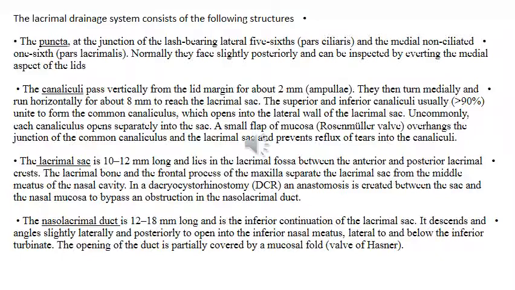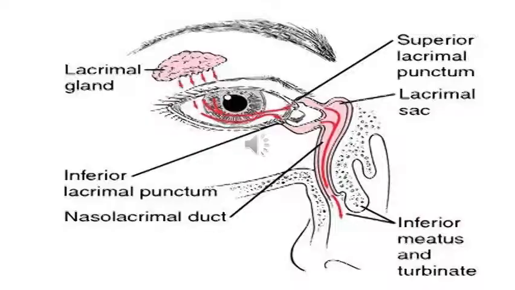An imperforate valve of Hasner after birth is the main cause of congenital nasolacrimal duct obstruction. This picture shows you the anatomy.